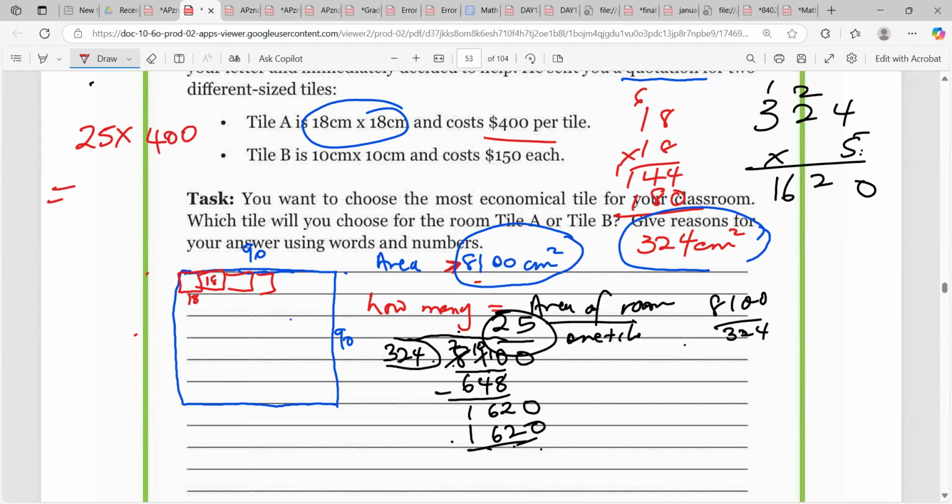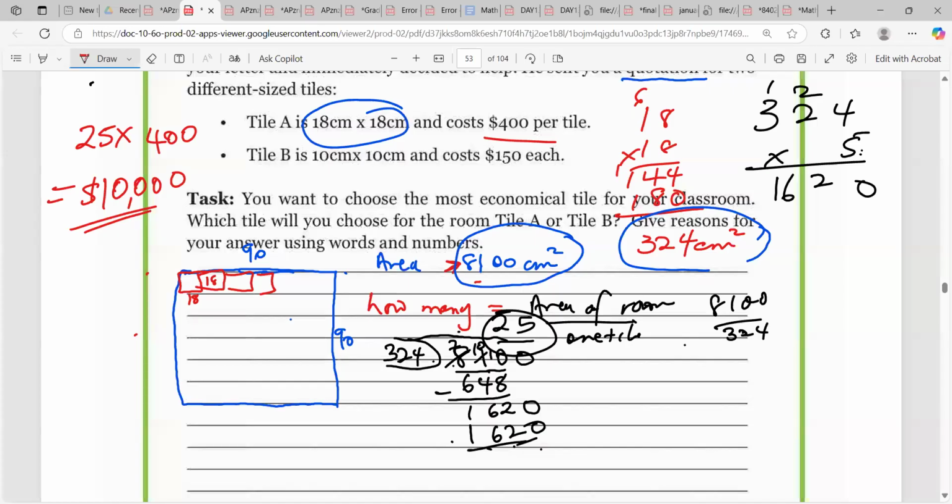That gives us about 25 times 4, which is 100, so that looks like about 10,000. Yes, sir, the answer is 10,000. Very good. So it's a total of 10,000 if we use the 18 by 18 tile.